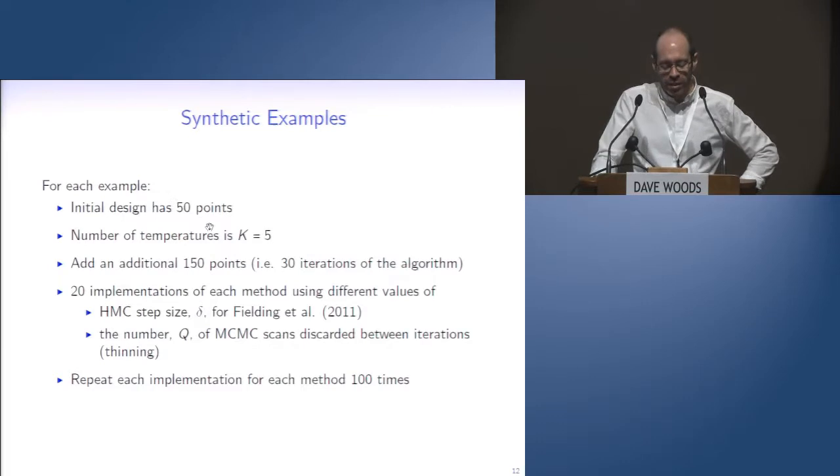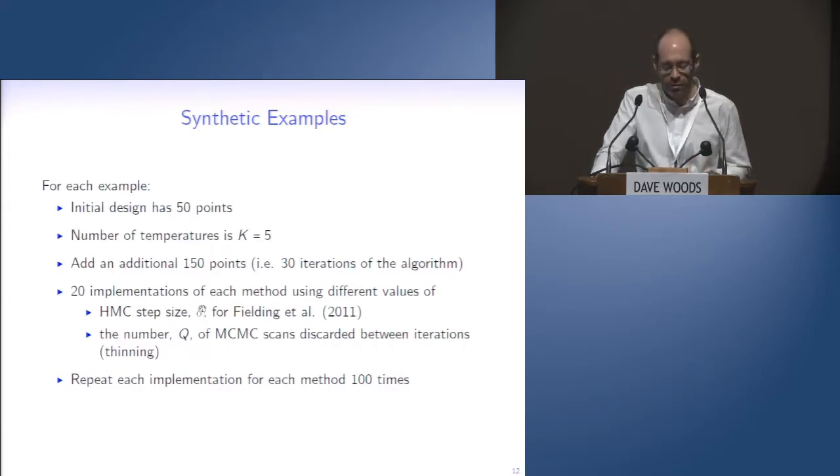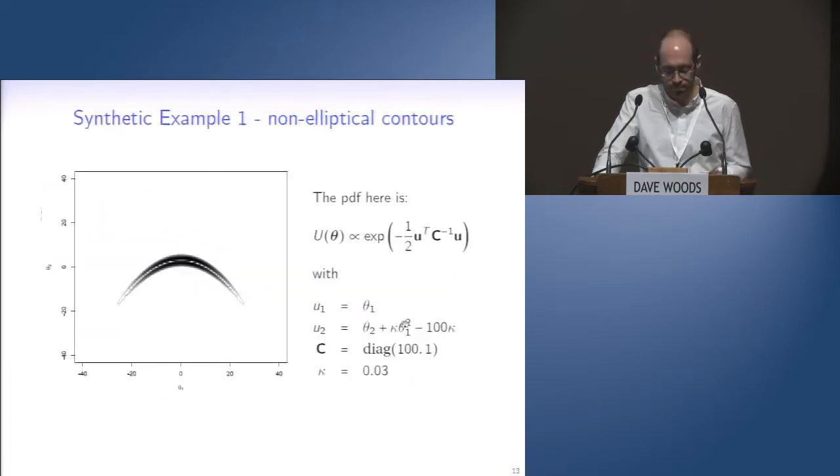So these 50 initial points are chosen using a maximin space-filling design in the parameter space, and then the additional points are going to be chosen either using HMC and parallel tempering, or Gibbs sampling and adaptive parallel tempering. And we've done 20 implementations of each of these different approaches with different values of the tuning parameters. So for HMC, that's different values of the step size, and for the Gibbs sampling, it's different degrees of thinning. And then we repeated each of these implementations 100 times.